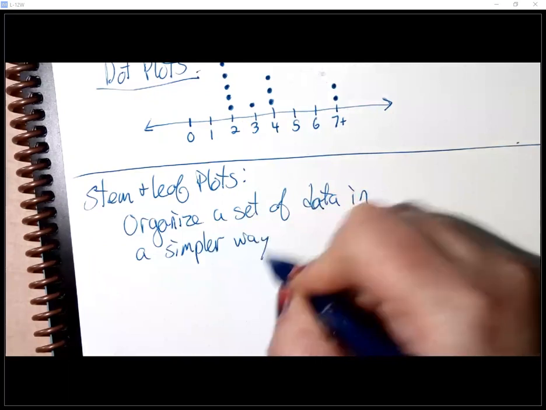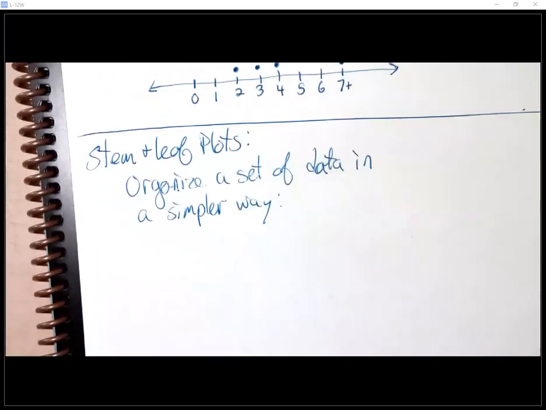So let me give you an example. I'm going to make these up. I don't remember them off the top of my head, but let's just say that the scores on that test that we just took were as follows.